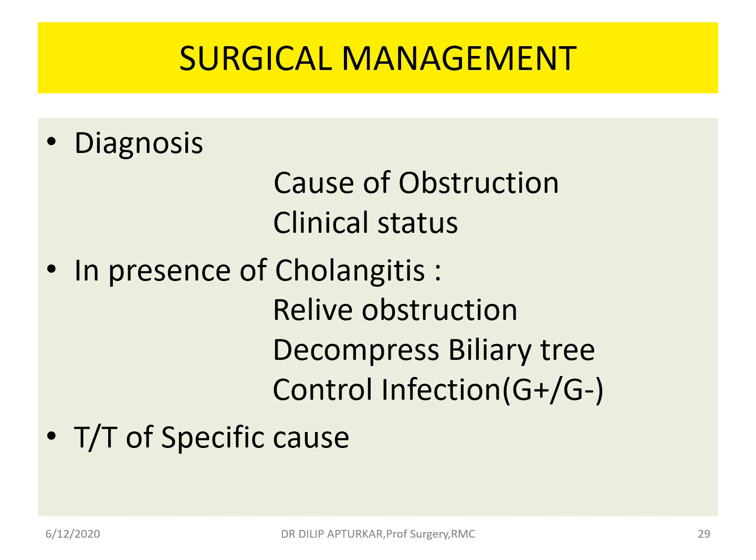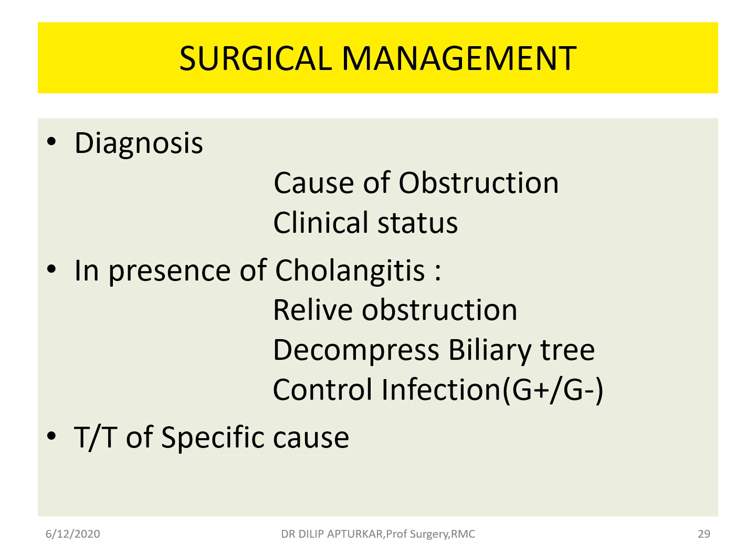Once you resuscitate the patient and stabilize the patient hemodynamically, we can go for diagnosing and treating the cause of obstruction. The diagnosis of the cause and the level of obstruction are important, and clinical status should be assessed so that we can think of the possibility of intervention, any definitive or radical procedure, or palliation if required, depending on the clinical status of the patient.